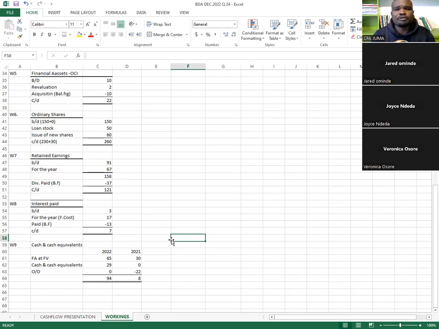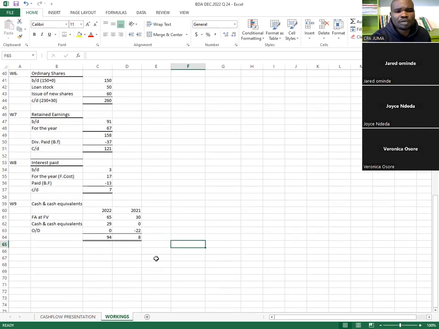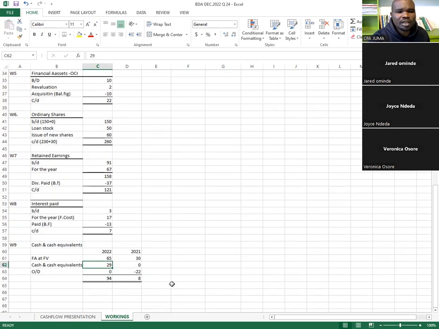We are having a variation of 5. Where is the 5 coming from? Somebody seeing the 5? I'm seeing a difference of 5.